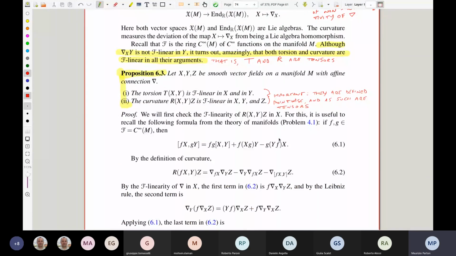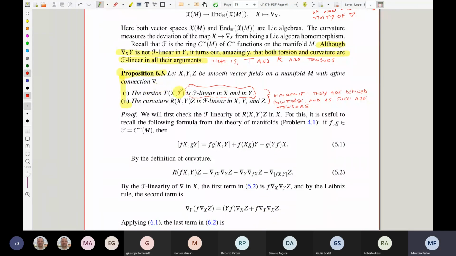As you can see, I told you, whenever you define something on vector fields, then you ask, is there any chance that this map that I just defined on tensor fields is linear for functions? I mean, if I multiply x by a function, can I take the function out, just as I would do in a linear map?